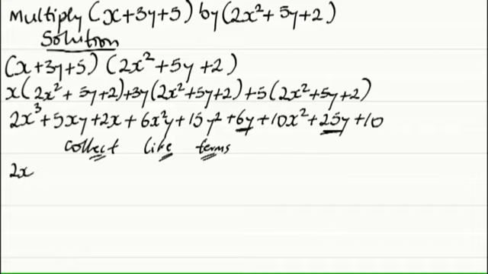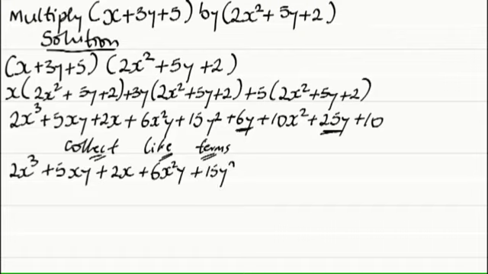Now we have 2x cubed plus 5xy plus 2x plus 6x squared y plus 15y squared plus we have 6y plus 25y will give us 31y.